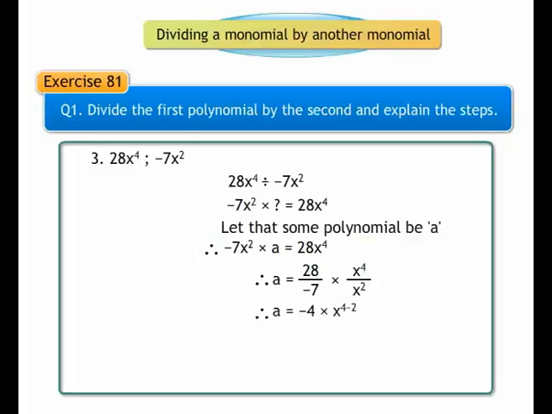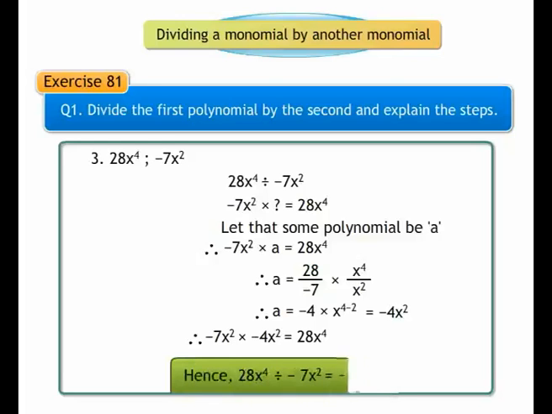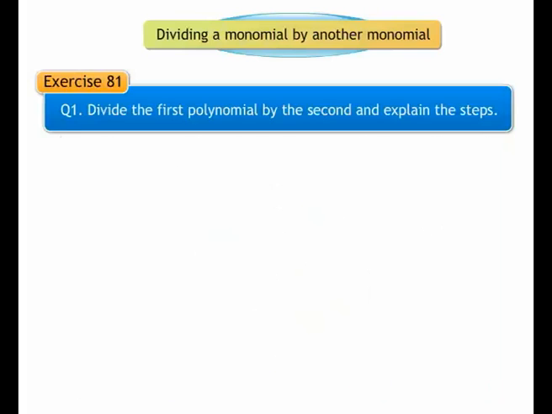Therefore, a is equal to minus 4 multiplied by x raised to 4 minus 2, which is equal to minus 4x square. Therefore, minus 7x square into minus 4x square is equal to 28x raised to 4, and hence 28x raised to 4 divided by minus 7x square is equal to minus 4x square.